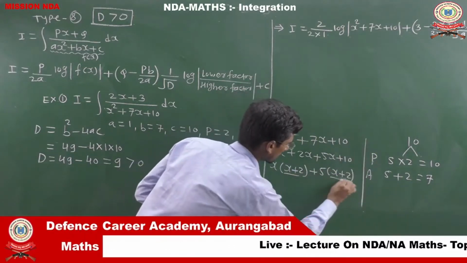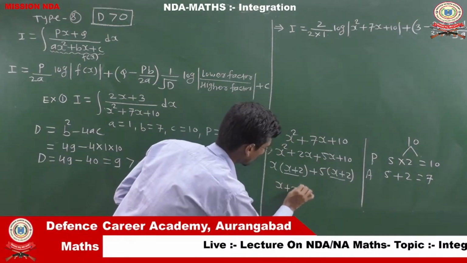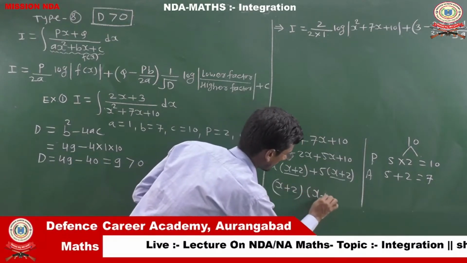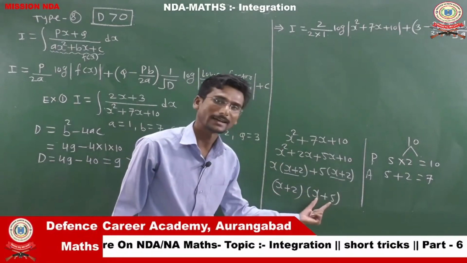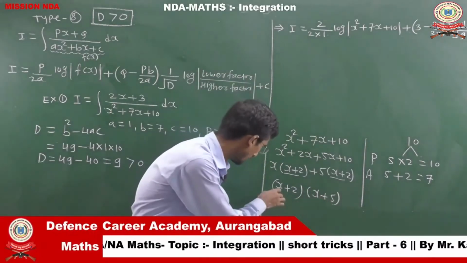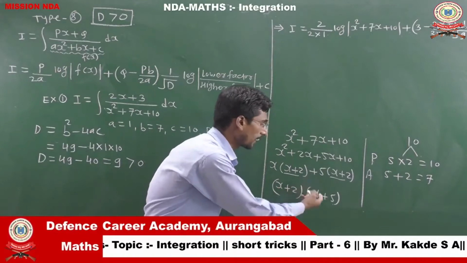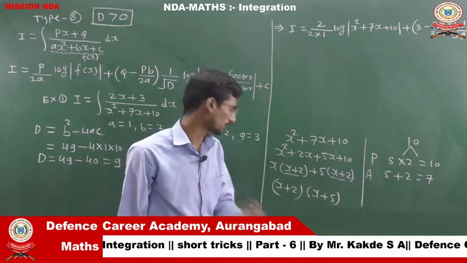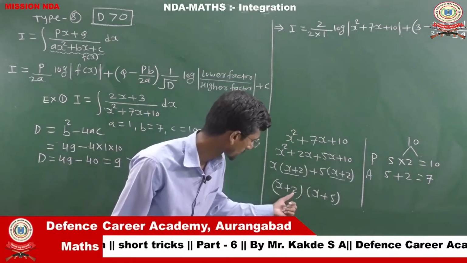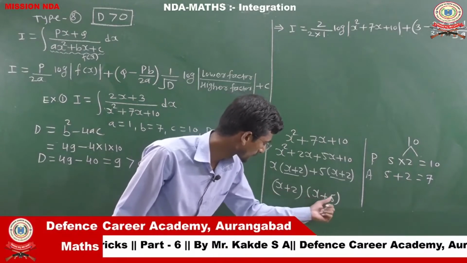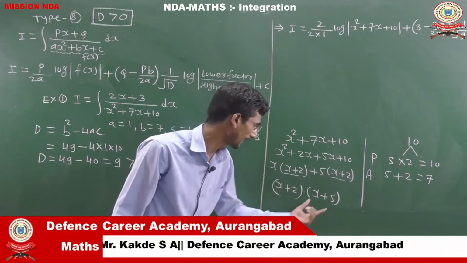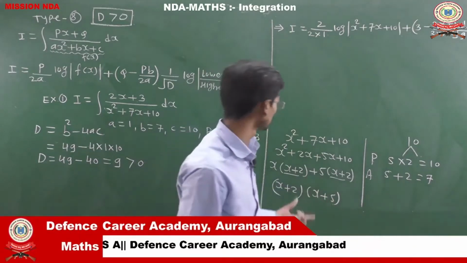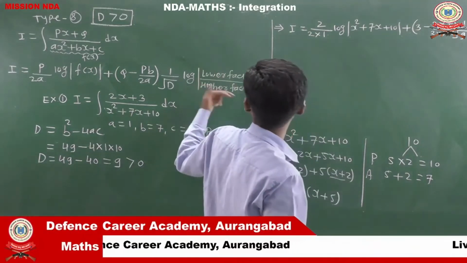So factors will be x plus 2 and x plus 5. ये चेक करना है आपको, लोअर कौन सा रहेगा, हायर फैक्टर कौन सा रहेगा. If I put x is equal to 0 here, it gives 0 plus 2, 2 and 0 plus 5, 5, means x plus 2 is lower factor than x plus 5. So lower factor upon higher factor.